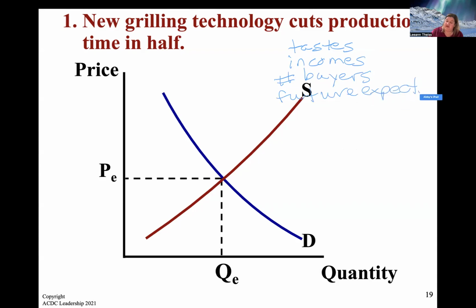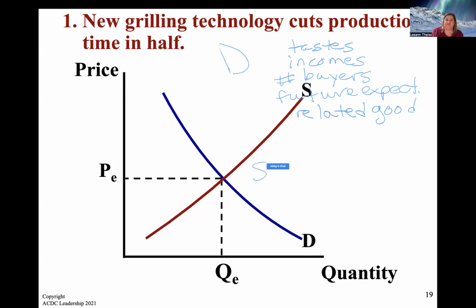Like, if I know that something's going on sale next week, I'm going to wait and buy it when it's on sale. I'm not going to buy it now. Or if I know the price is going to go up next month, I'm going to buy it now instead of waiting until next month. And then the last one is related goods. That would be like the price of substitutes and complements. So these are the shifters for demand.